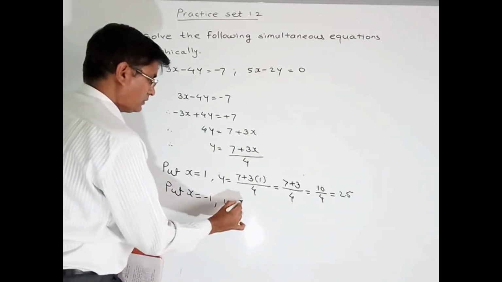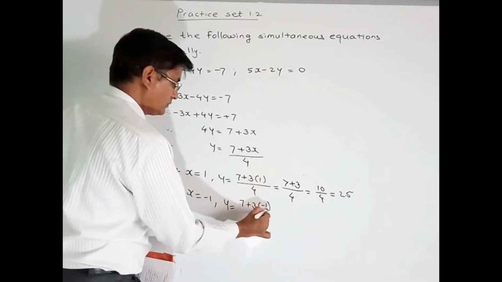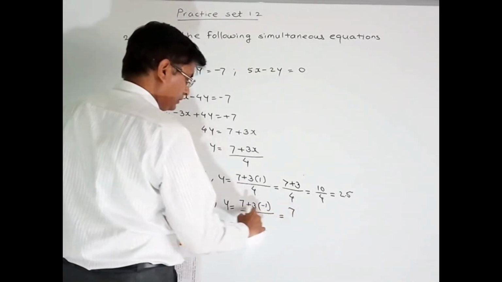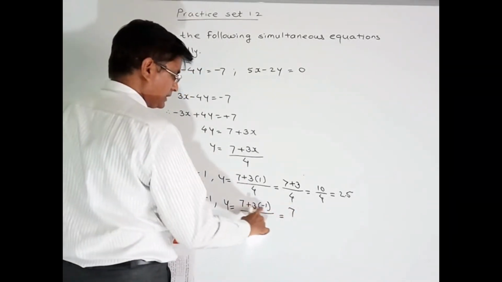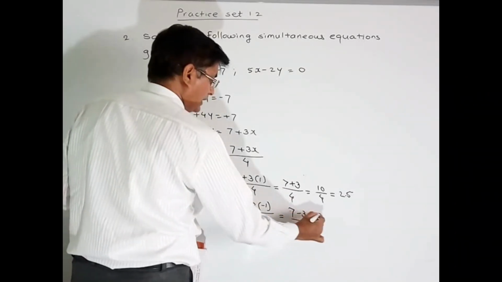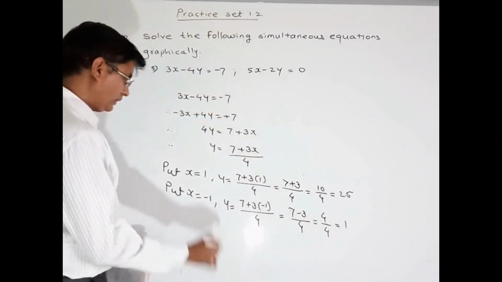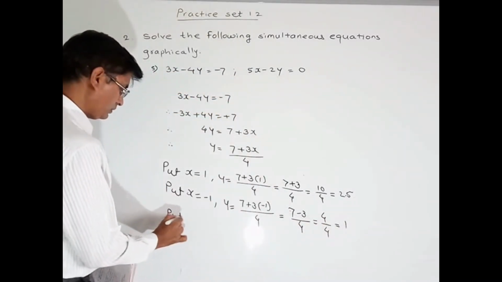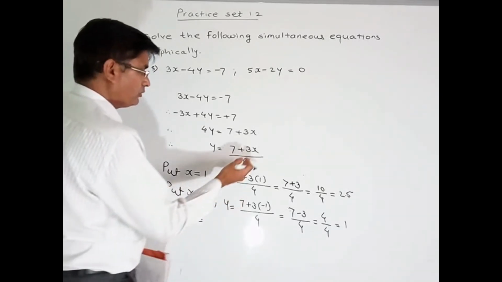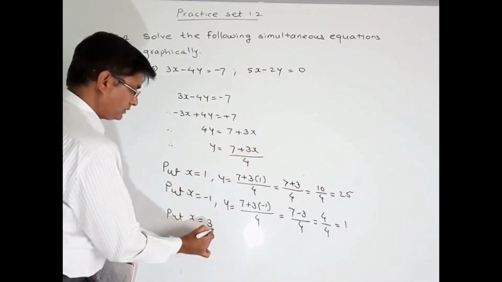Now next, take the value of x as minus 1. Then y is equal to 7 plus 3 times minus 1, divided by 4. So 7 minus 3, 4 divided by 4 is equal to 1. Next, put x is equal to, which value will you take? 3, okay, 3.